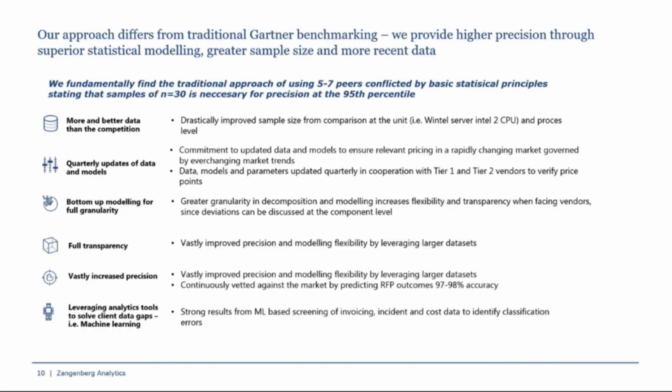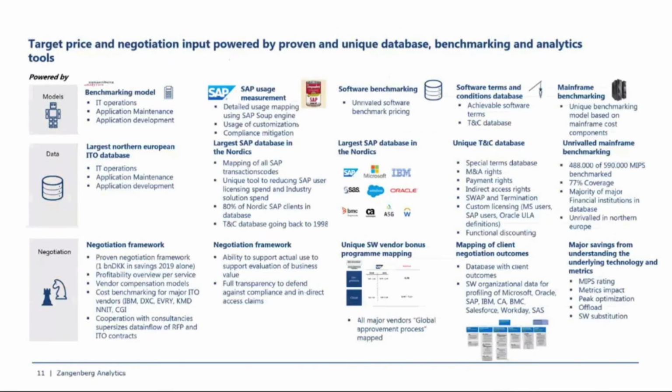So basically I'm not spending too much time on the model, but we do it bottom up, and that means that we're calculating the way that the vendors are building the cost, and time has been kind to our basic way of thinking. When I started out studying at university, it was called statistics, or something more boring than that.